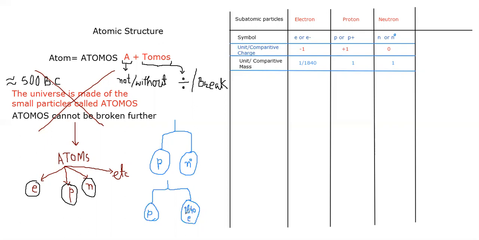So the mass of one electron, when we compare the substances to one another, would be 1 over 1840, which is very, very negligible. This is the mass of one electron, this is the mass of one proton, and the mass of one neutron. Although the masses are also different, we are here to compare them to one another.